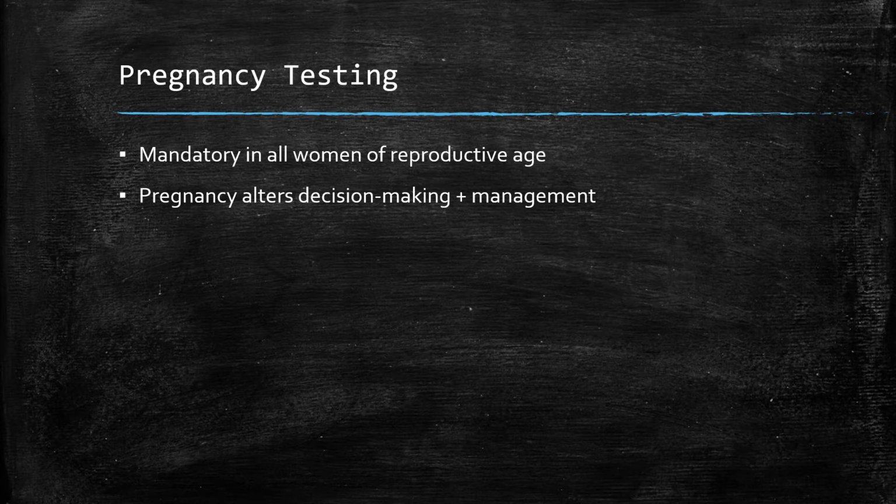Pregnancy testing is mandatory in all women of reproductive age. Women in the first few weeks of pregnancy may not even know they're pregnant yet. It's important to know if someone's pregnant because pregnancy will certainly alter surgical decision-making and management.